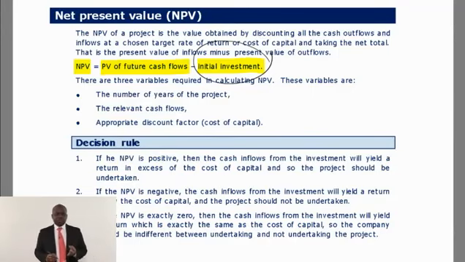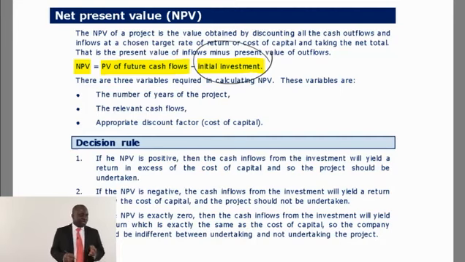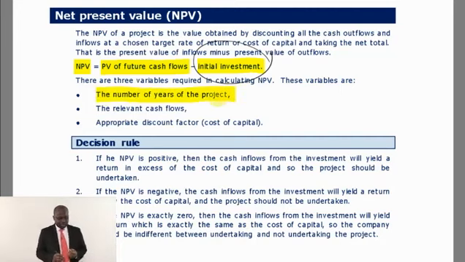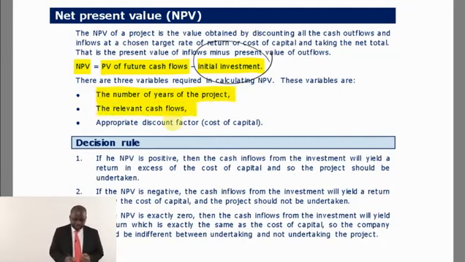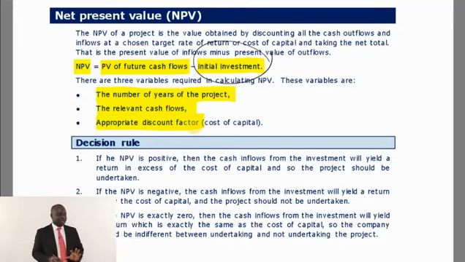The variables you need to calculate NPV should be the number of years the project should run, the relevant cash flows, and the appropriate discount factor. Okay, so anytime they ask you to calculate NPV, you are supposed to look for 3 variables.